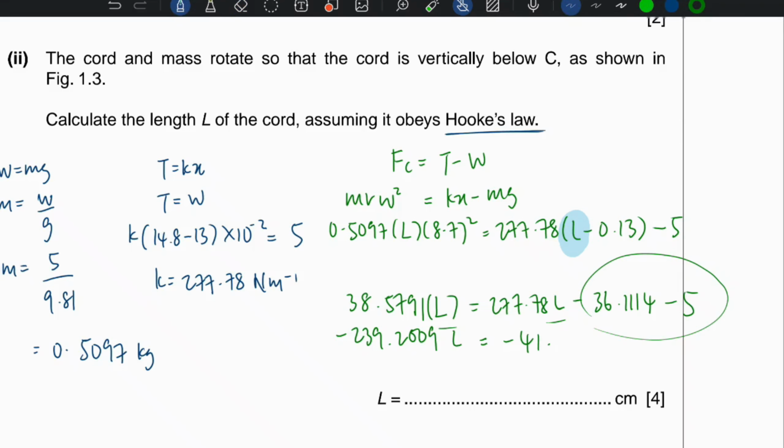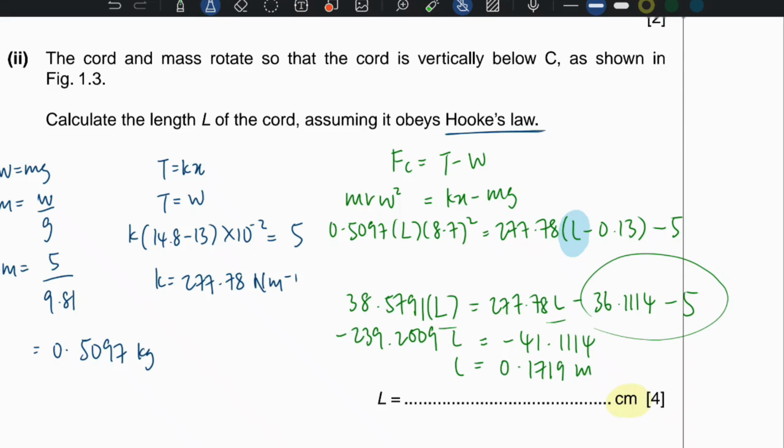Negative 41.1114. So your L, do your math. You'll get 0.1719 meters.